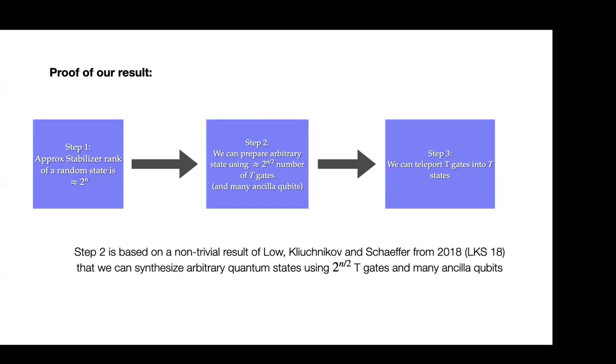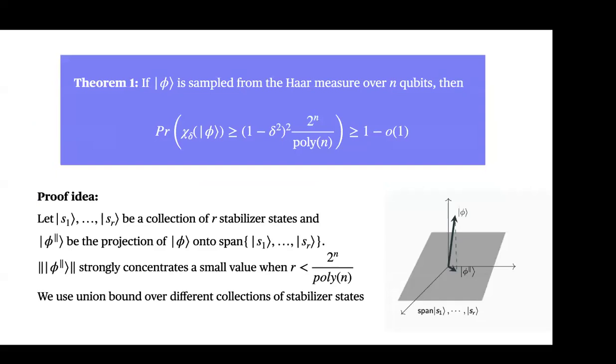And the third step is that we use the teleportation idea that we told you about to say something about the stabilizer rank of the T state. So as you can see, it's very simple, but of course you need to figure out a lot of details, like putting all of them together, but the outline of the proof is not too difficult to digest.